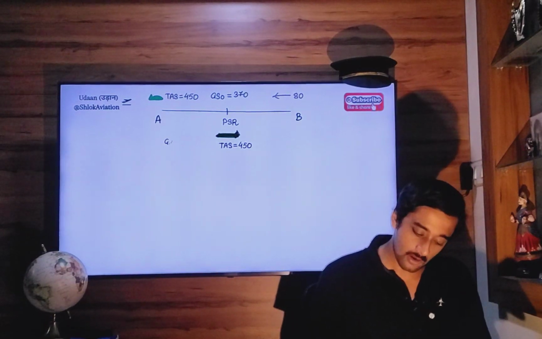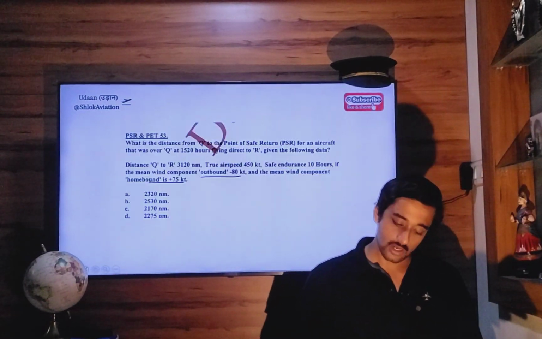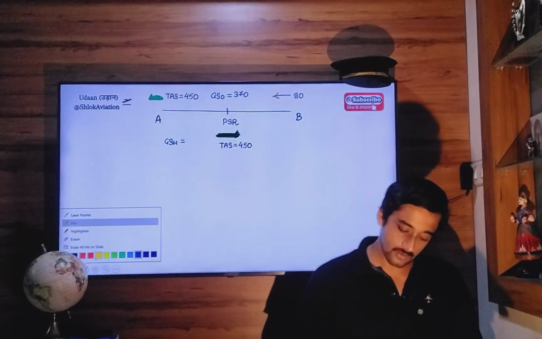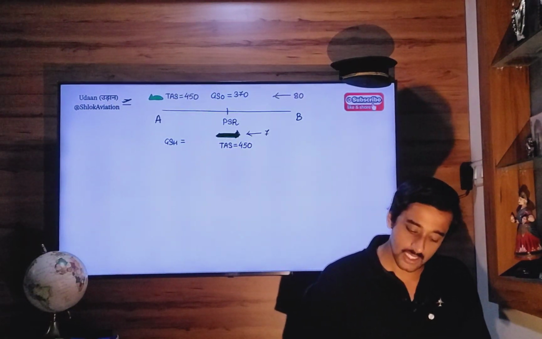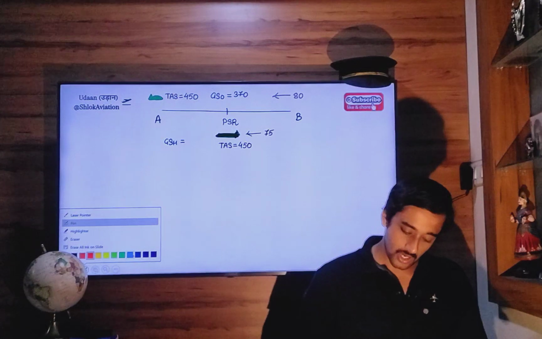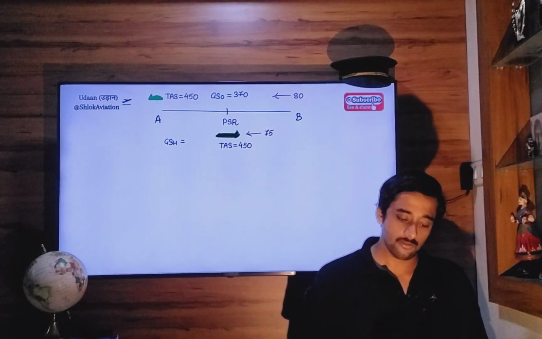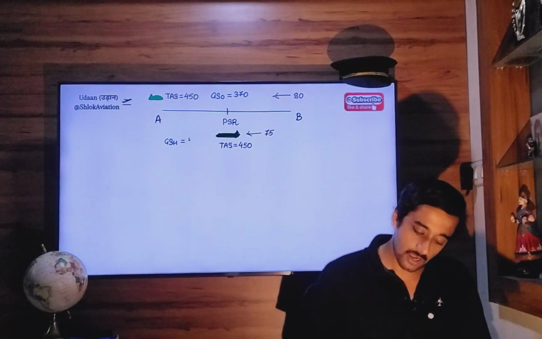Flying homebound, the ground speed will be what? Now flying homebound, you're getting a tailwind of plus 75. So your ground speed will be TAS 450 plus tailwind 75, that is equal to 525 knots.